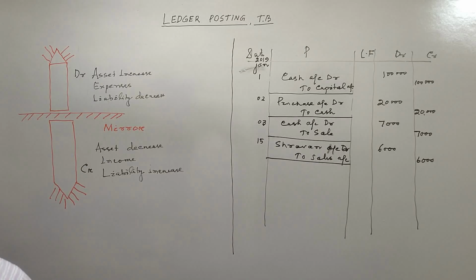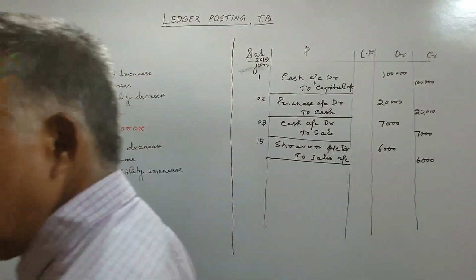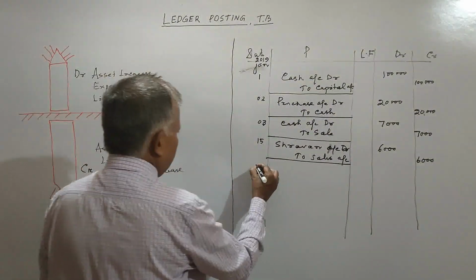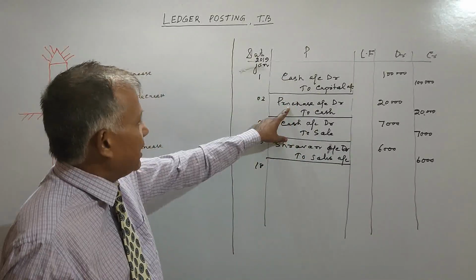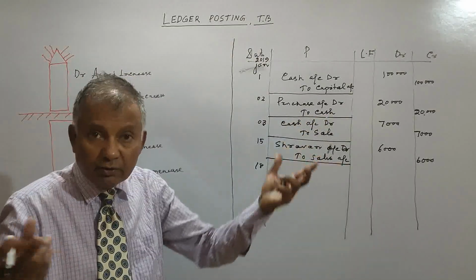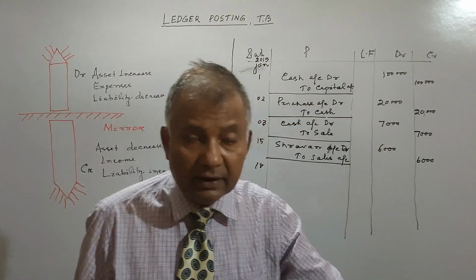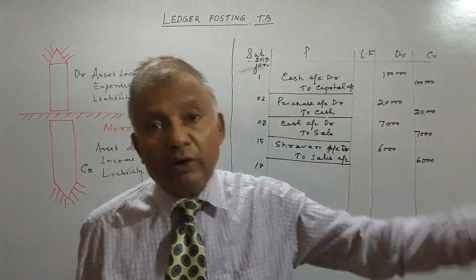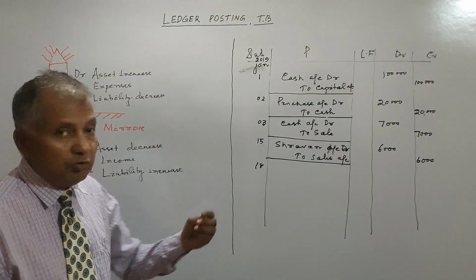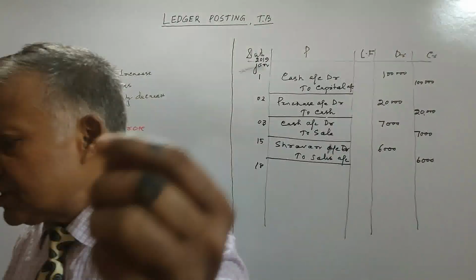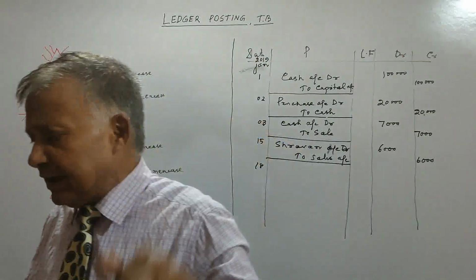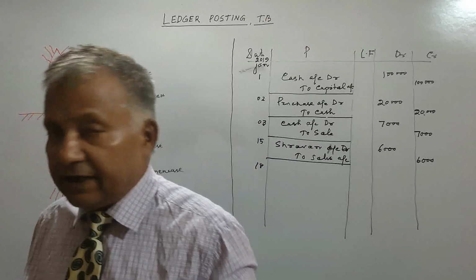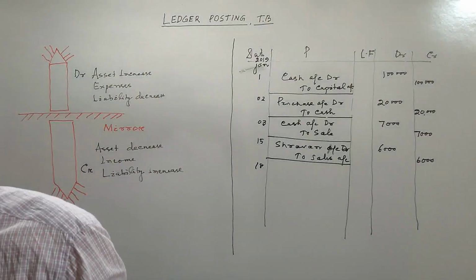Bought goods from Anurag on credit, 50,000, on the 18th. When goods are purchased for cash, purchase account debit to cash. When goods are purchased on credit, liability increase, payable increase. So you have to credit with the name of the supplier. Customer account is debit in case of credit sale. Supplier account is credit in case of credit purchase.